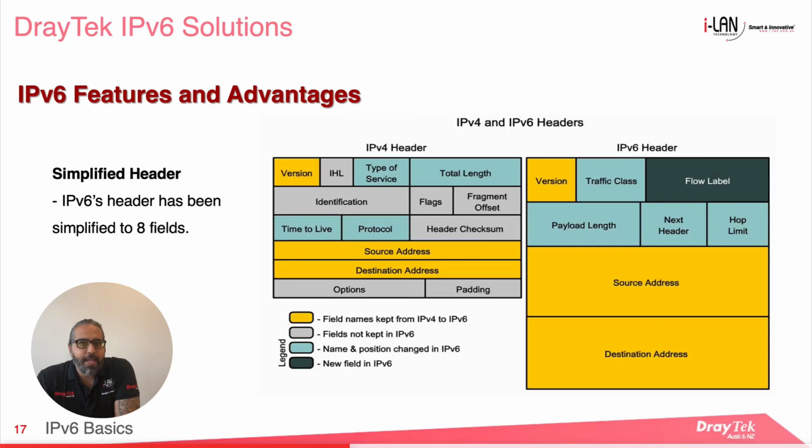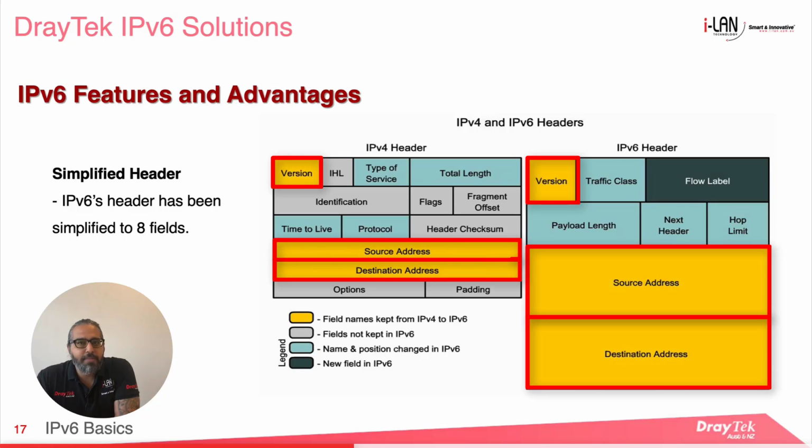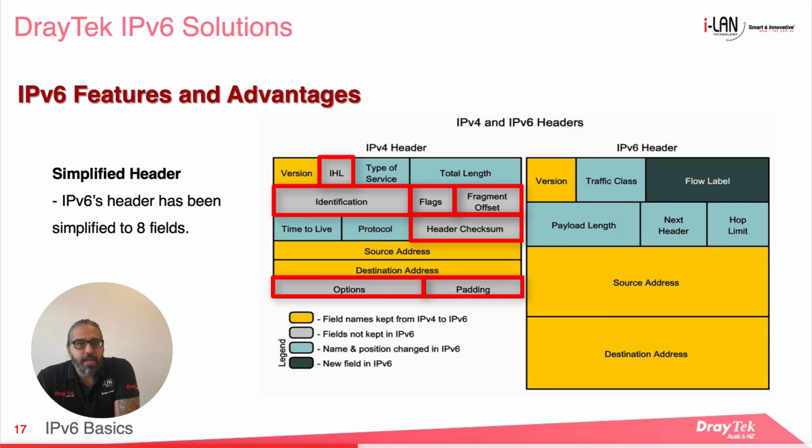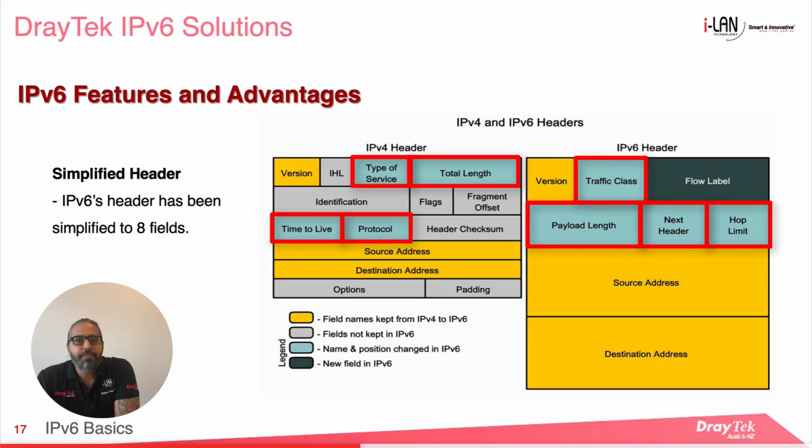IPv6's header has been simplified to 8 fields. As you can see here in the legend, 3 field names in yellow are retained from IPv4 to IPv6, namely version, source address, and destination address. 7 fields are not kept, and 4 fields were renamed and repositioned.